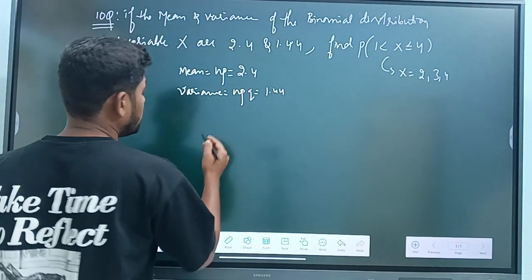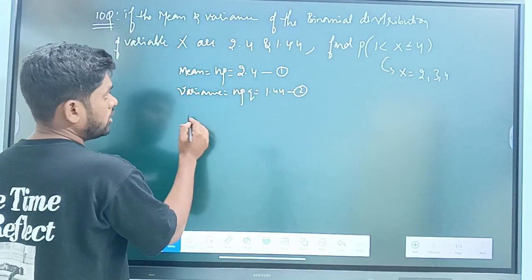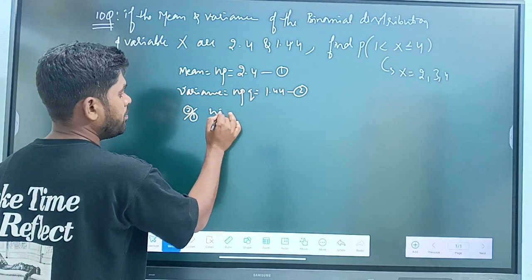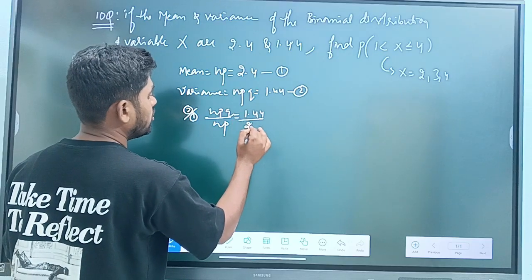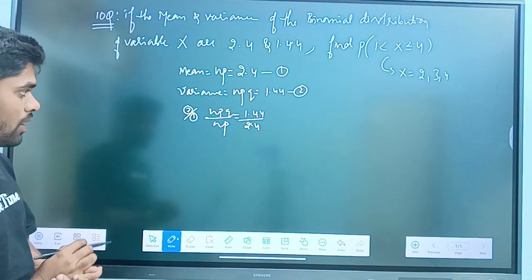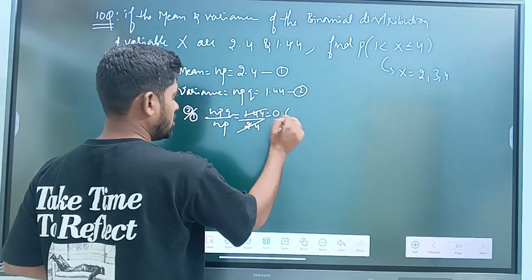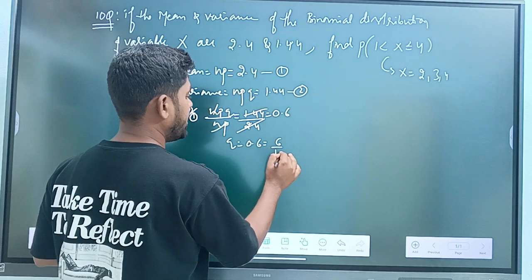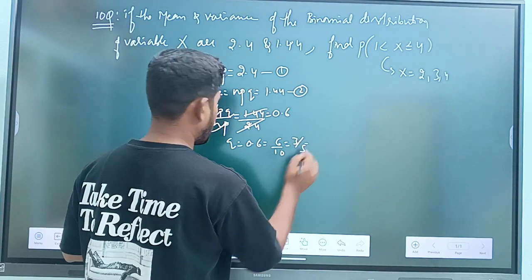Done. So you solve for the q value. Dividing, npq by np equals 1.44 by 2.4, so q we got 0.6, that equals 6 by 10, which is 3 by 5.